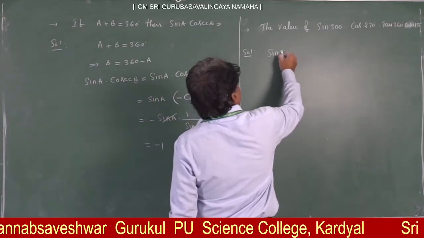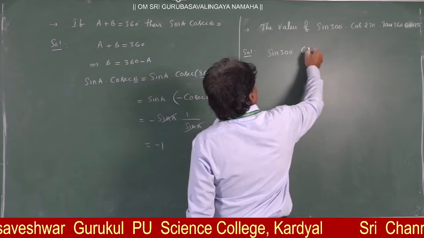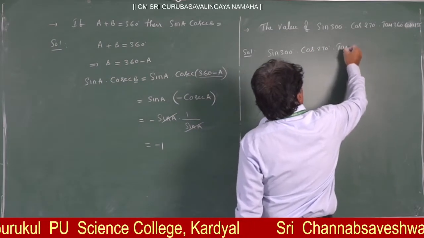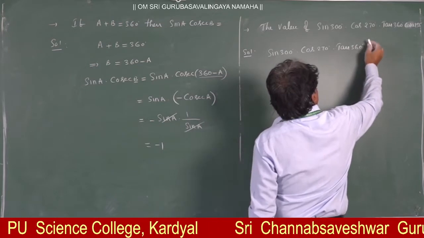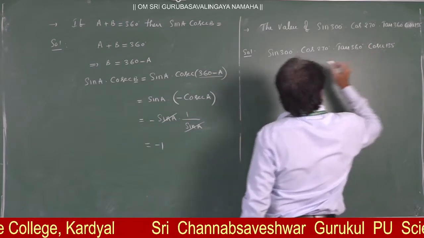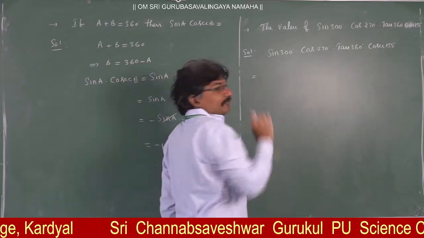Sin 300 into cos 270 into tan 360 into cosecant 135. This is our required value.